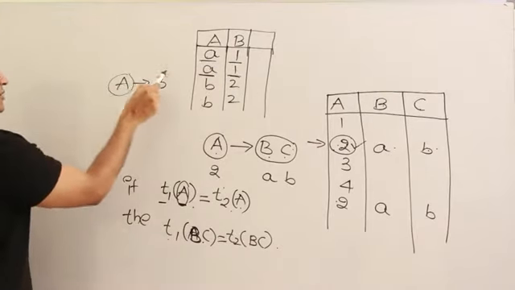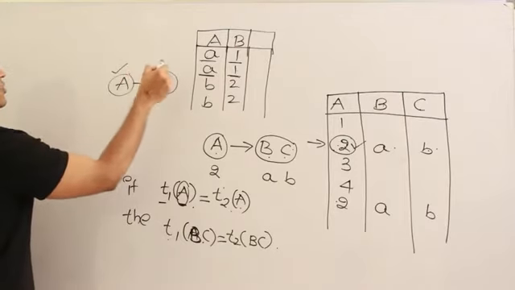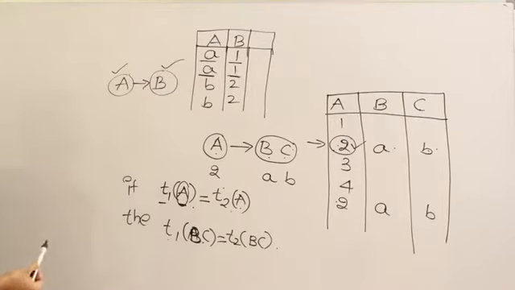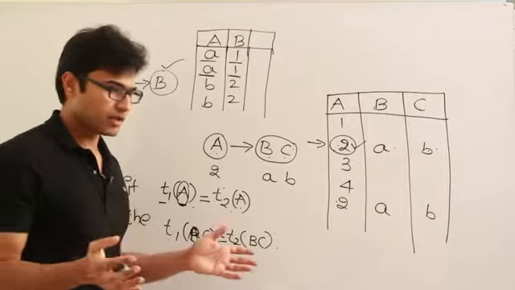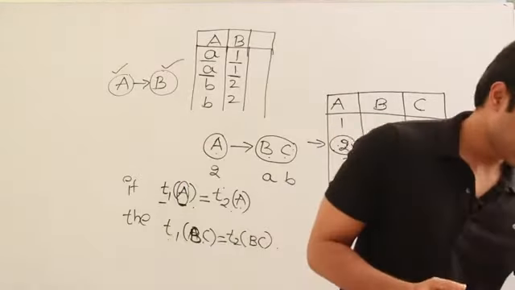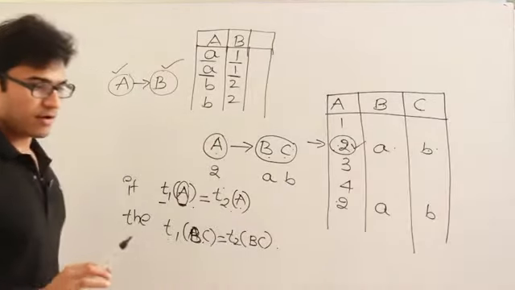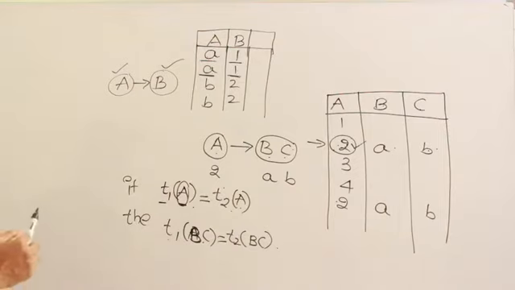So A determines B means, given any value of A, you will be able to uniquely find out the value of B. Now why is it very important in terms of splitting the table, or eliminating the redundancy? See this example.